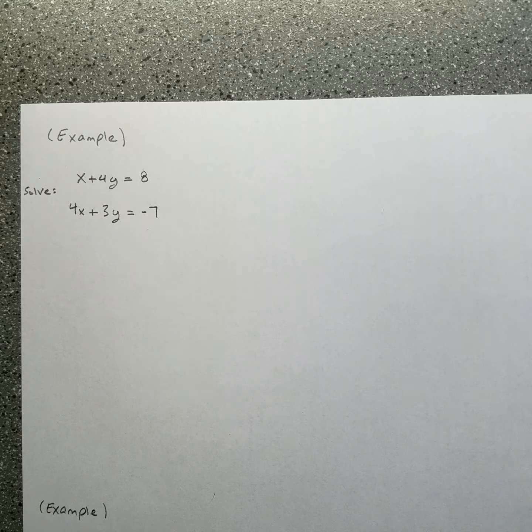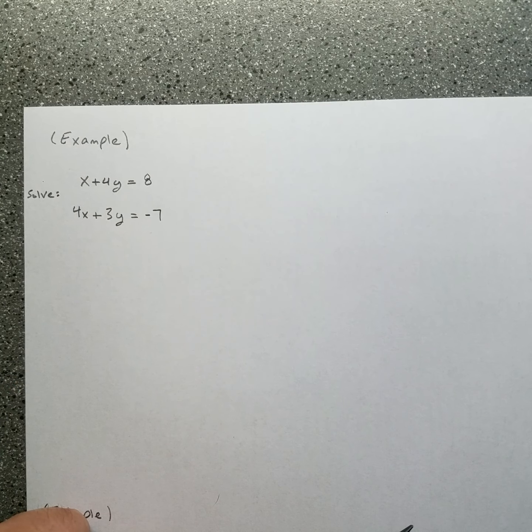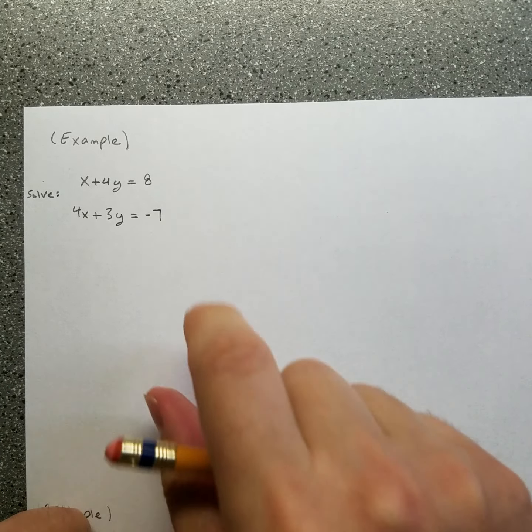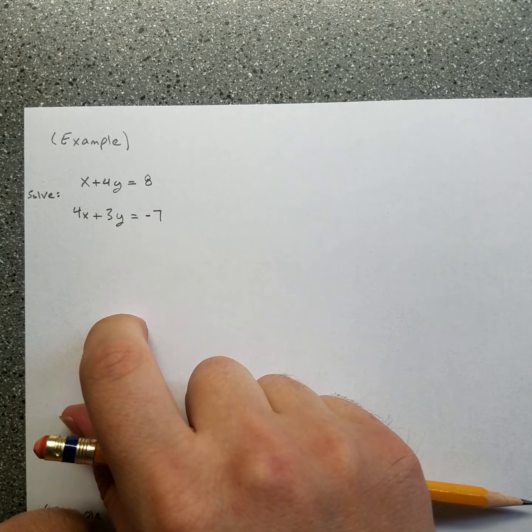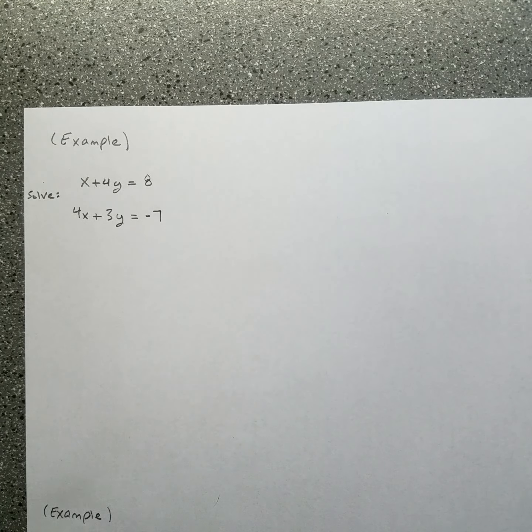For this one, I guess I could use substitution if I wanted to. I would have to do some rearranging, and I want to not do it with substitution and show you the other way.